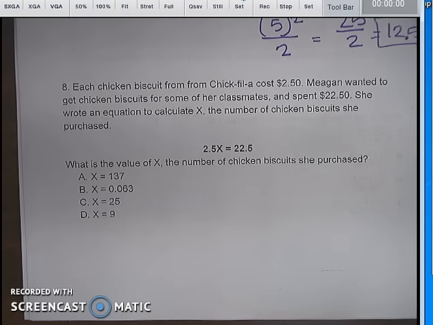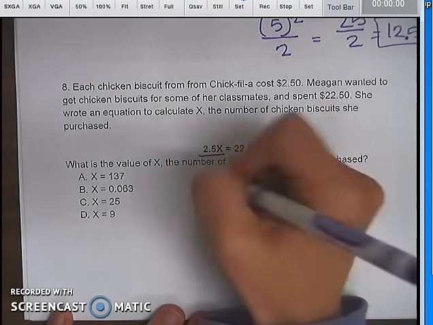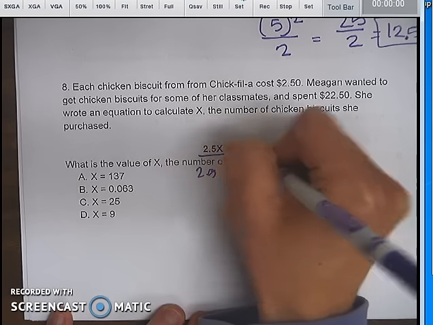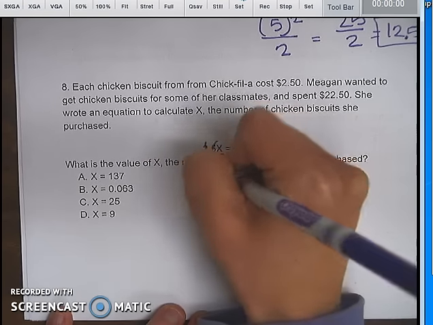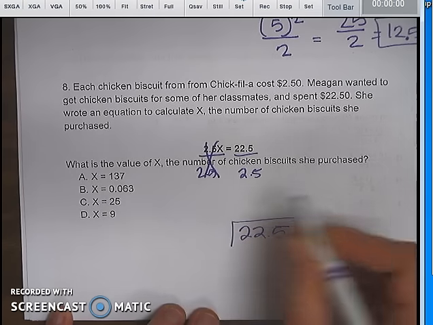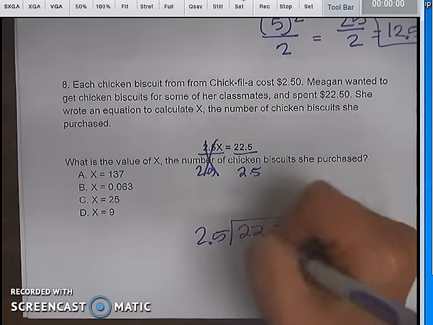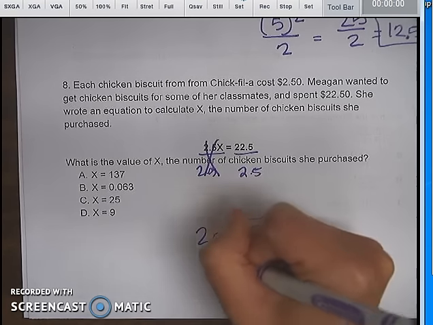Okay, what is happening to my X right now? Yes, it's being multiplied. What is the opposite of multiplying? Dividing. So what I do to one side of my equation, I do to the other, so I'm going to divide by 2.5. I have 22.5 divided by $2.50. Now, what's the rule when you have a decimal on the outside?